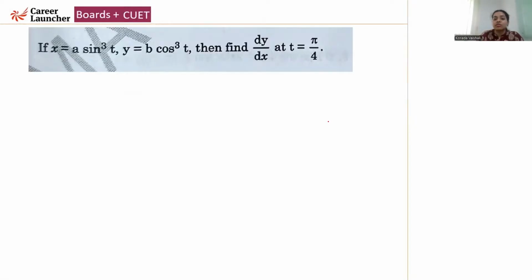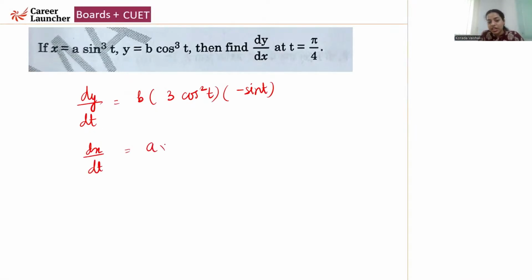Now moving on to question number 22, we have to calculate dy by dx. So what is dy by dt? It is equal to b multiplied by 3 cos square t, and the derivative of cos is minus sine, so it is going to be minus sine t. And how much will dx by dt be? It is a into 3 sine square t into cos t.